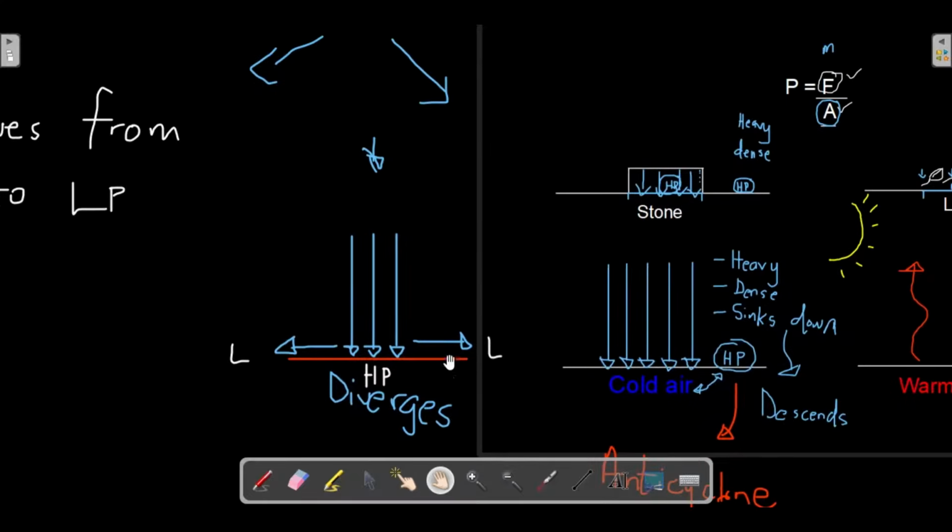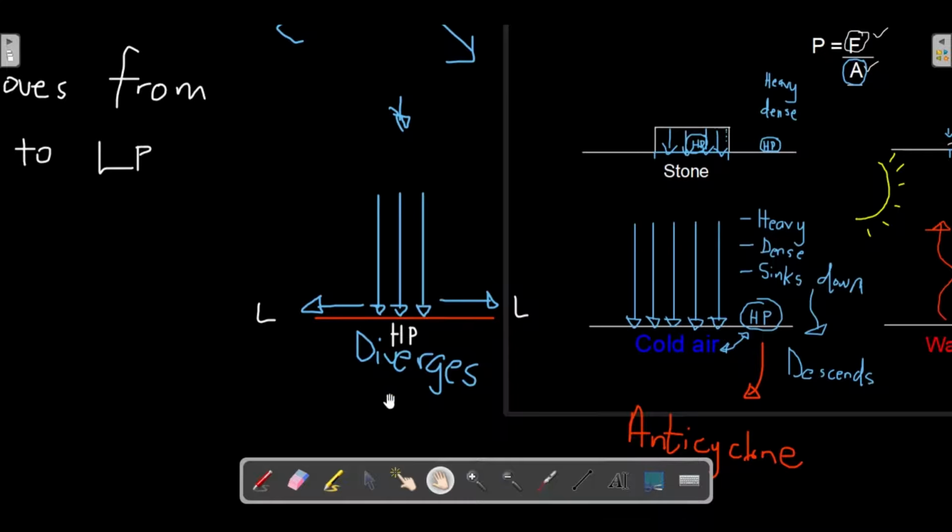Of course, in a high pressure cell, there's a surface divergence, and the air separates like that, and at some point it meets up with air from other relatively higher pressures, and so they do what? They converge, they meet up there. And what else do they do? They rise up.